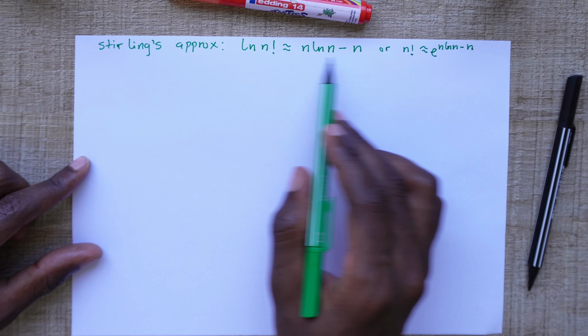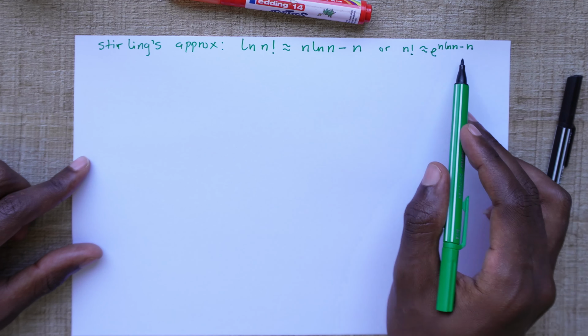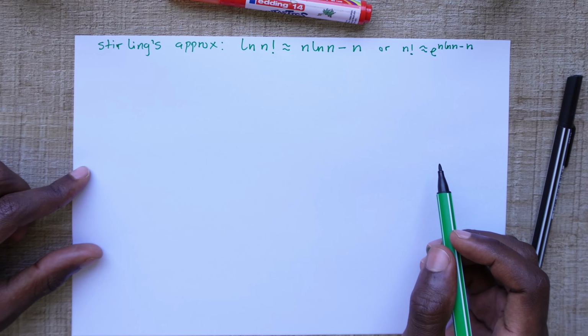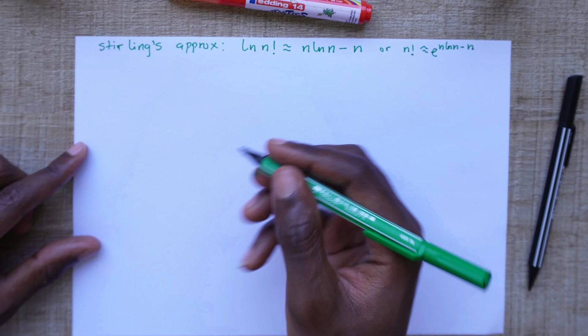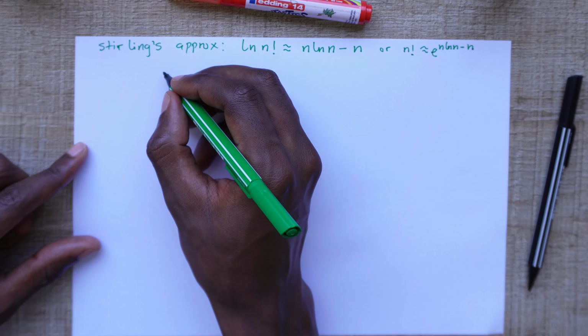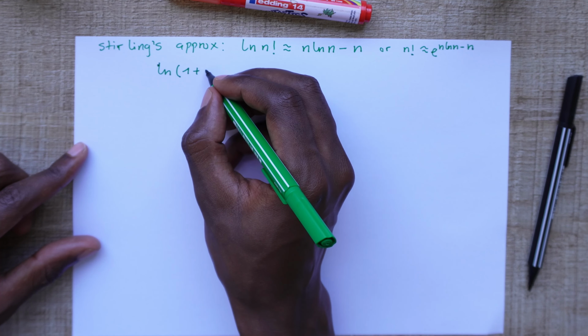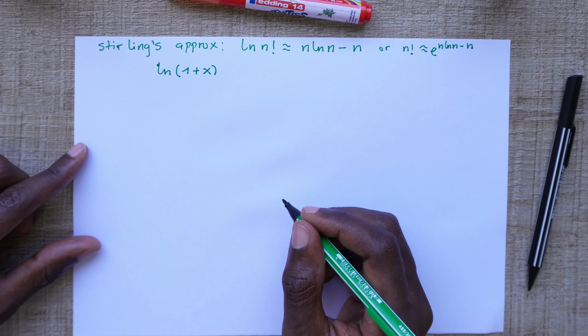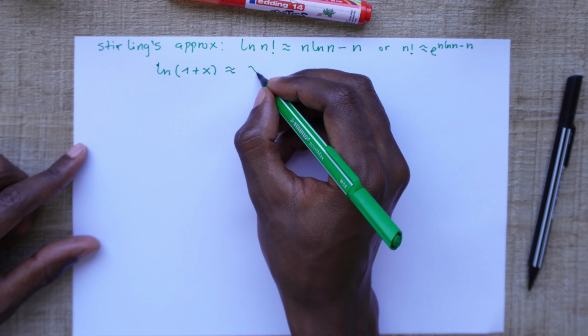If you take the exponential of this expression, you get this. So that's Stirling's approximation. And the second approximation that we are going to use here is just the fact that if you have the natural log of 1 plus x, then for very small x, this is approximately equal to x.